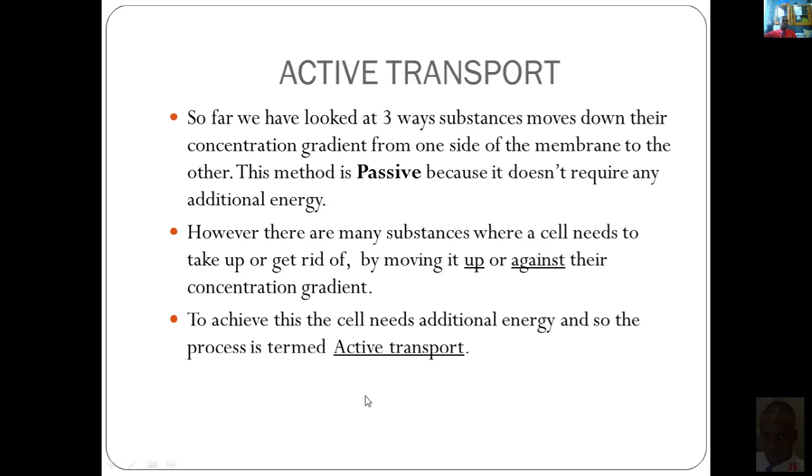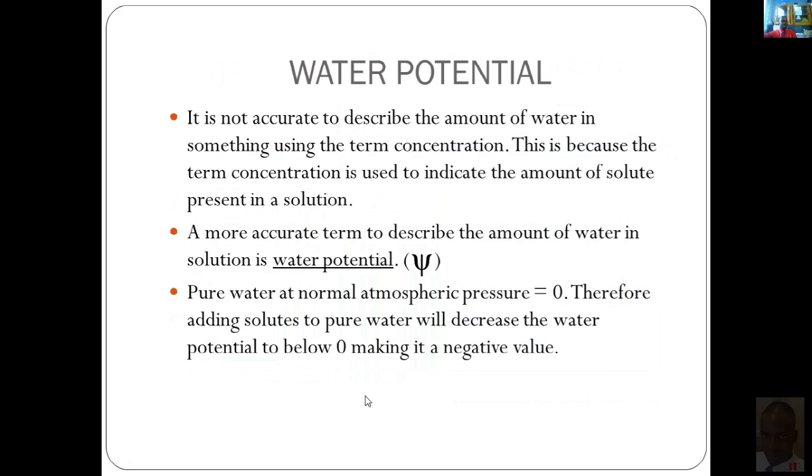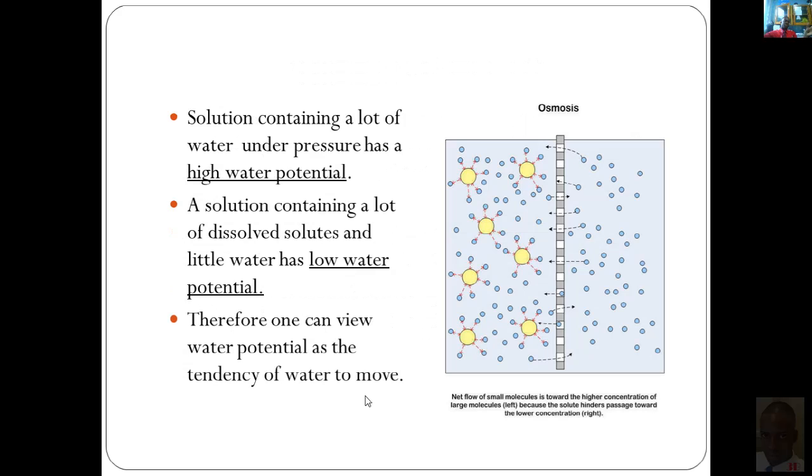So that should take care of, let me just touch back again. If we don't understand water potential, we'd say water potential is a term we use to describe the tendency of water to move. High water potential means that you have a lot of water molecules in a space.